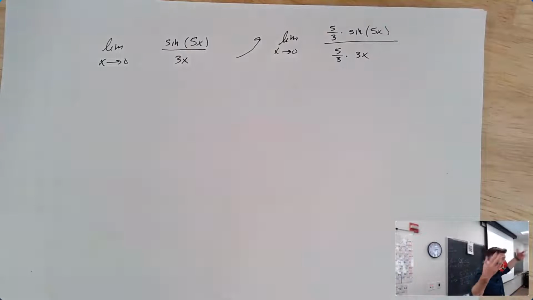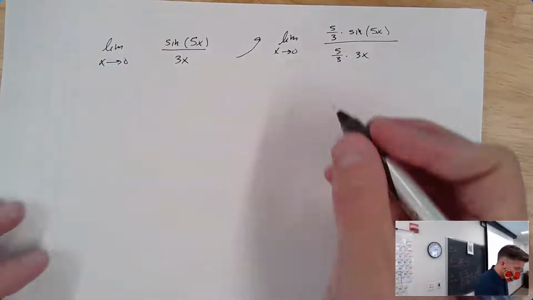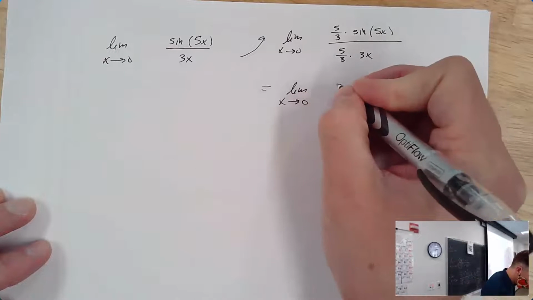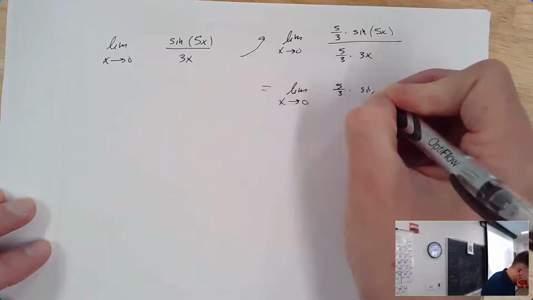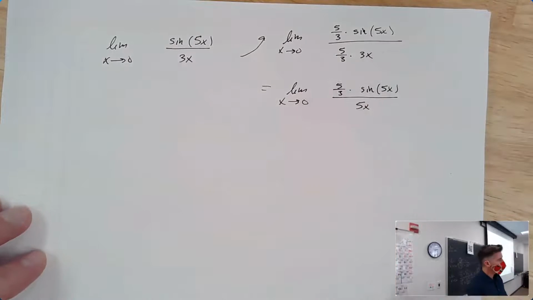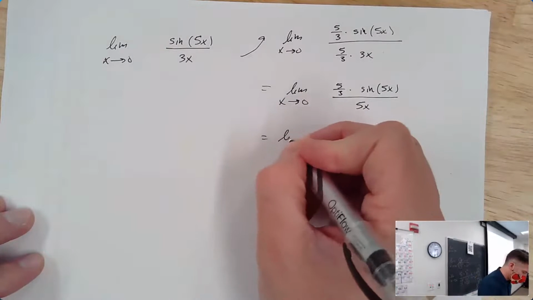That's what we're always thinking of. What do I want in the place that sine isn't? I want the same thing that's in the sine function, as long as it's going to 0, which it is. So we could say that's the limit as x goes to 0 of 5/3 times sine of 5x over 5x. And then the 5/3 can come out.